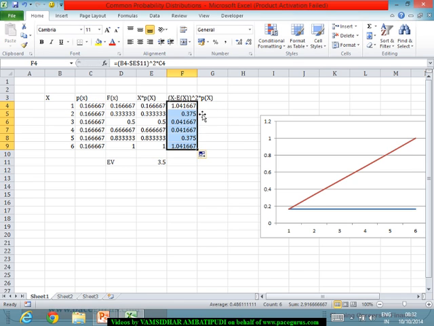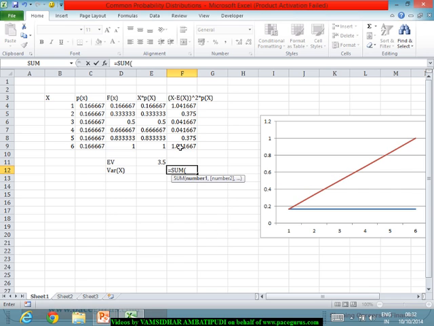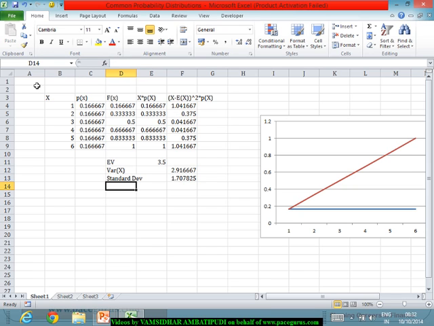So all put together, here I can find out the variance of x, which comes out as a summation of these specific values, and based on that I can find out the standard deviation of x, which actually works out as the square root of the variance. So probably this I can call it the discrete uniform distribution. So this is the expected value, this is the variance, this is the standard deviation.